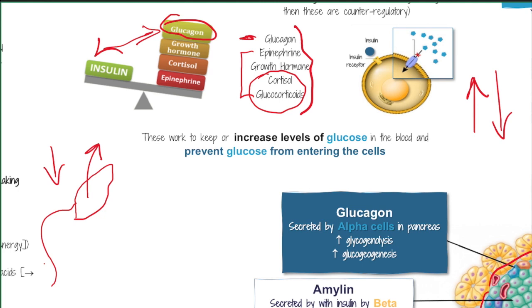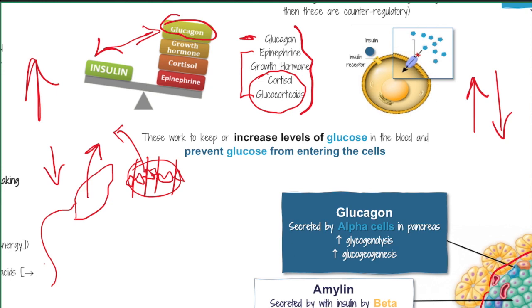So when it gets to the liver, instead of packing away the glucose that's available in the blood into these glycogen chains and storing them, it takes those glycogen chains and breaks them up so that they form glucose again and sends them out into the blood. And that's because glucagon, as a counter-regulatory hormone, loves to increase the amount of glucose we have in the blood.